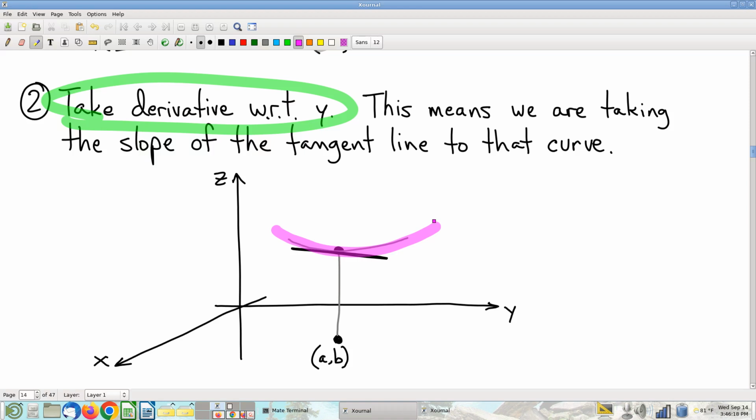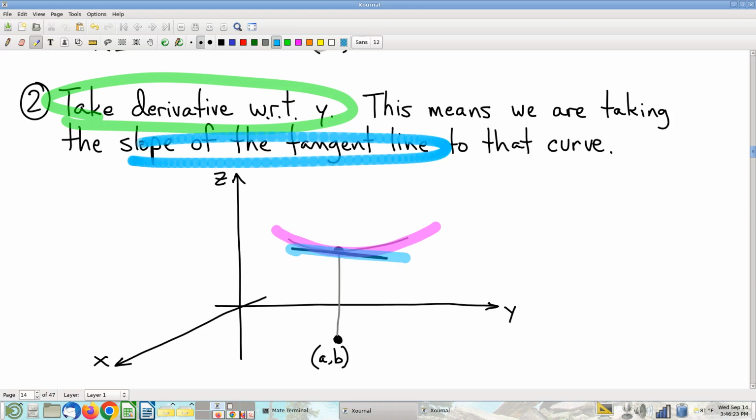The answer is the slope of the tangent line. Right? So this process of taking a y partial, fix x, interpret it as a single variable function of just y, take the derivative with respect to y, that results in the slope of this tangent line.